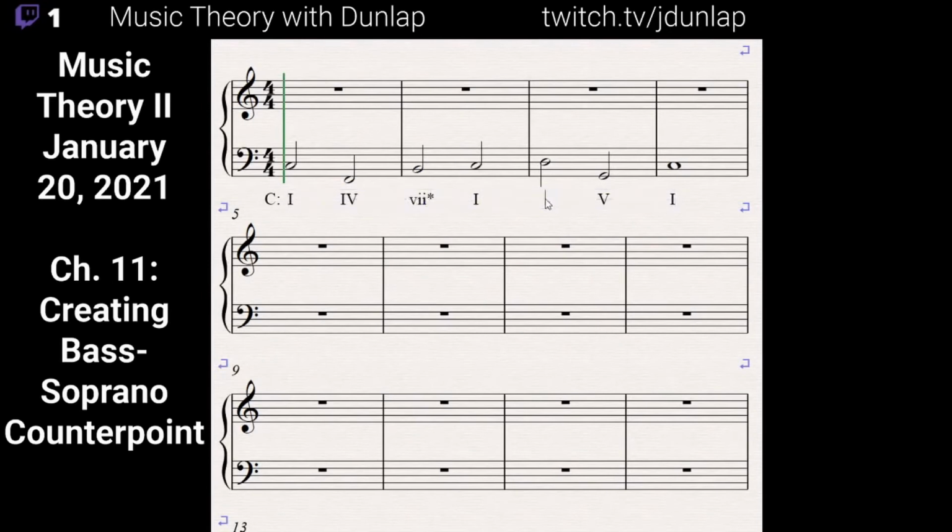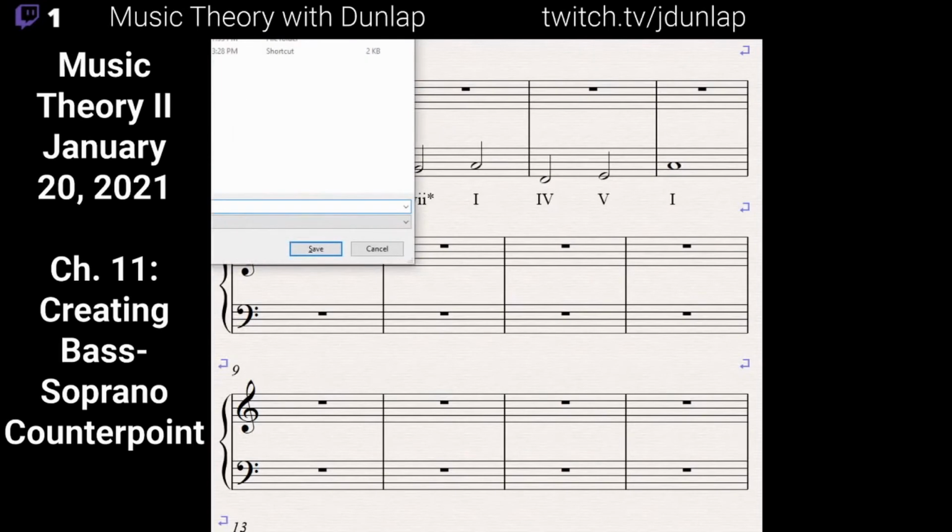Actually, I think I'm going to go 4, 5, 1 here, because it's smoother to go 2, 7, 1. You dig? So Do, Re, Ti, Do, 1, 2, 7, 1, 4, 5, 1. So 4 is being substituted for the chord a third below it, and 5 is being substituted by a chord a third above it, which is what you might call common practice.